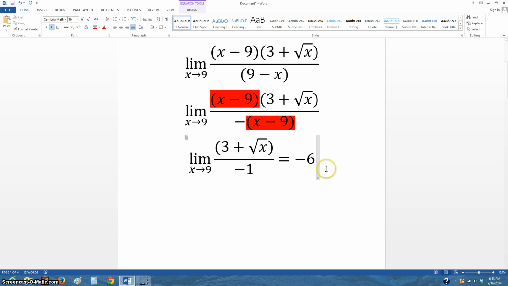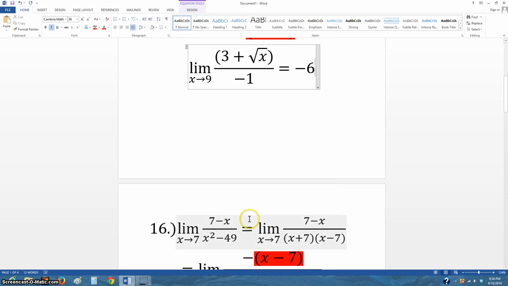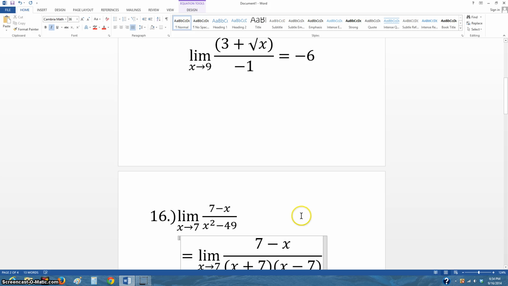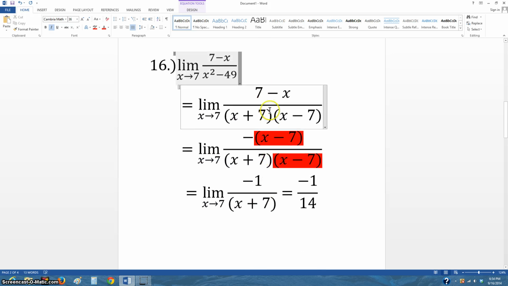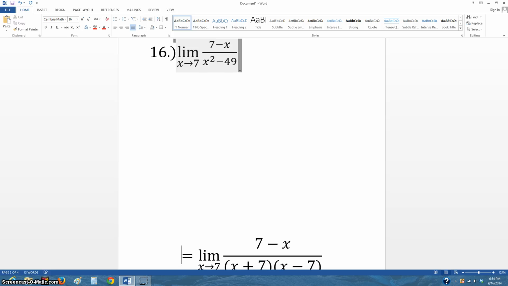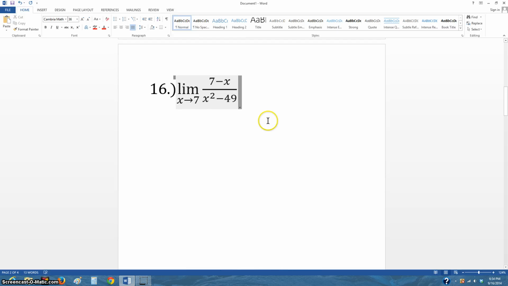Let's look at number 16. You have the limit of 7 minus x over x squared minus 49.